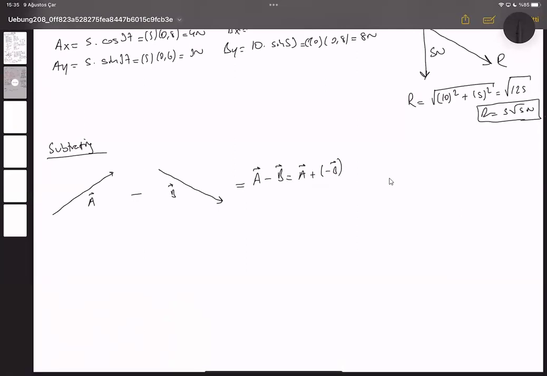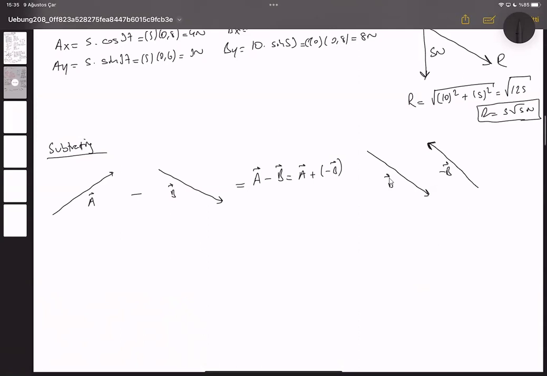This is easier, because a minus b is not a good operation for vectors, but a plus minus b is an easier way of finding this subtraction. So now we must find minus b. If we have a vector like b, for finding minus b, we must inverse it.